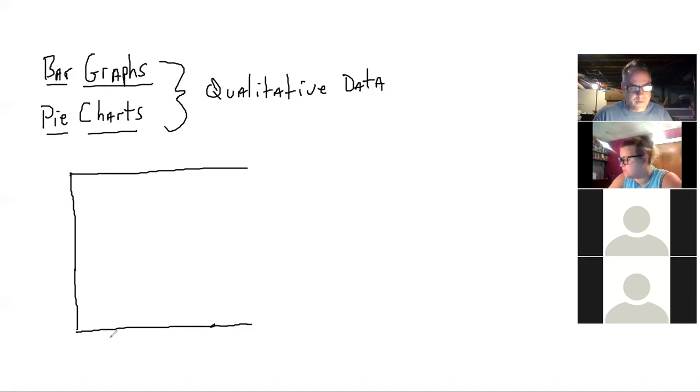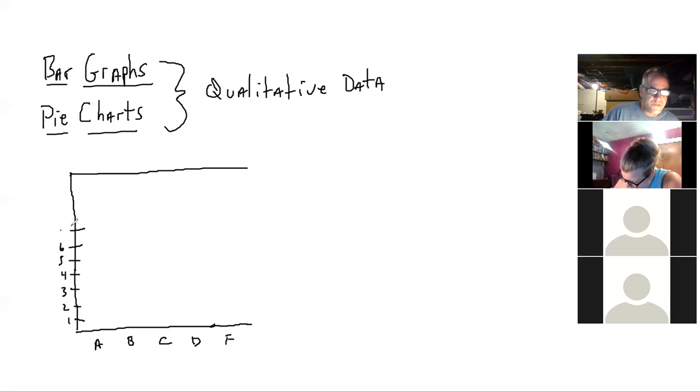And this is going to be a bar graph. And I'm going to have an A, a B, a C, a D, an F. And I'm going to go up this column: 1, 2, 3, 4, 5, 6, 7, 8, 9, 10.